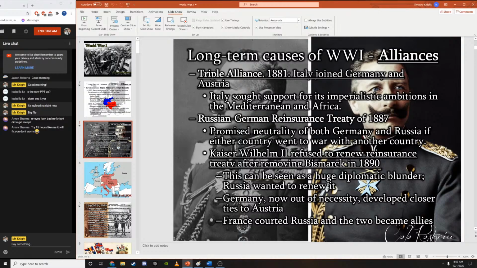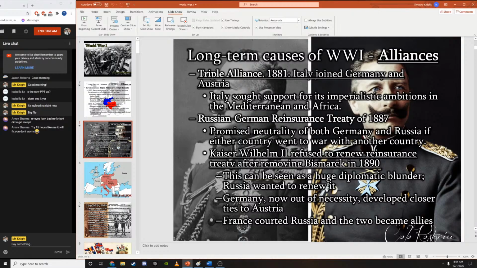So, what happens with Germany and Russia? Basically, right before Otto von Bismarck retires, or is fired, he reaches out to Russia and doesn't ask for Russia to join their alliance per se, but instead negotiates a separate deal with Russia.